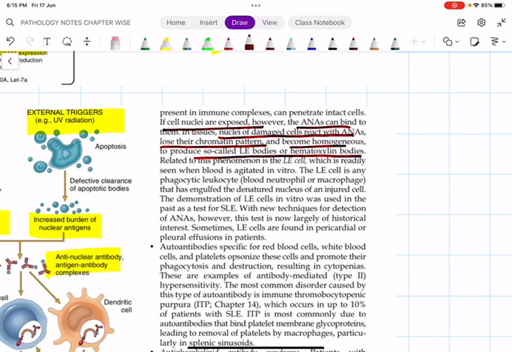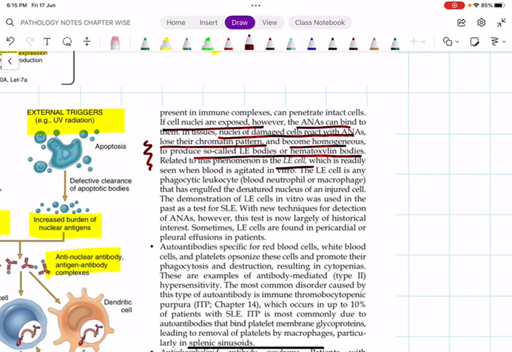So these LE bodies are engulfed. If engulfed by any leukocyte, macrophage or neutrophil present in the blood, we call it an LE cell. So don't confuse LE bodies with the LE cell. What is the LE body? When the cell gets damaged, nuclei will be exposed.